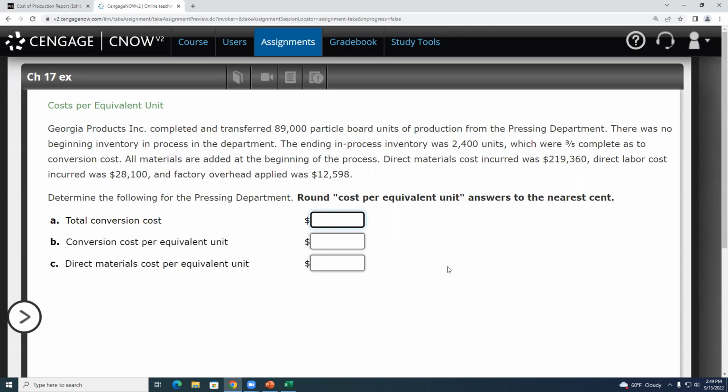Total conversion cost is direct labor, 28,100 plus factory overhead, 40,698. Direct labor plus overhead.